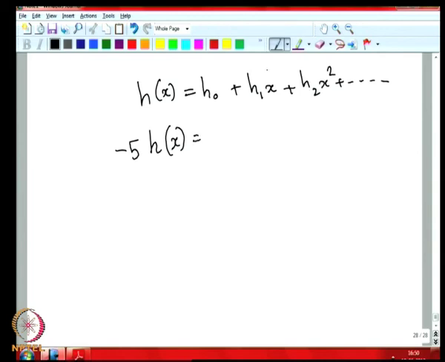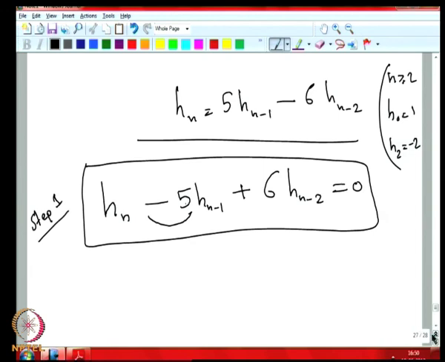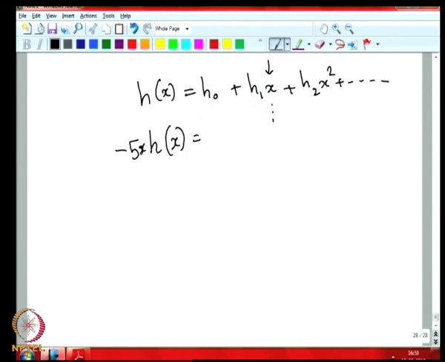What I do is I use minus 5x to multiply this h of x, so minus 5x times h0 will come, minus 5x times h1x will come, that is x square, and so on. To align the x terms, the power x raised to i term should come just below this.